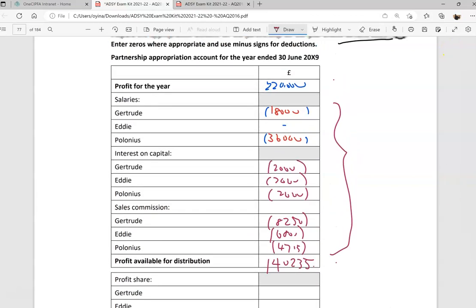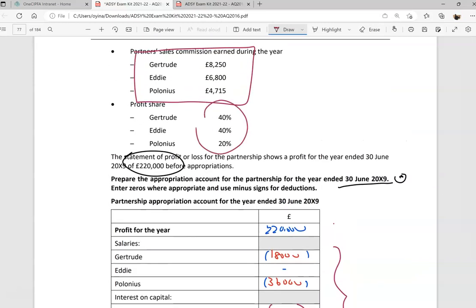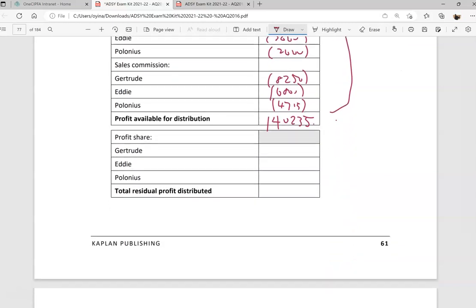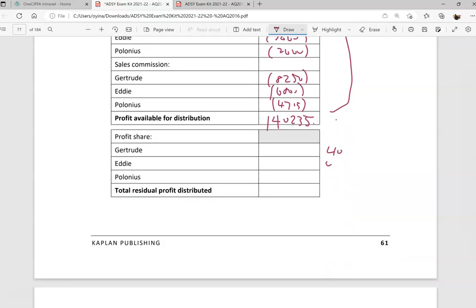Then it says that we split this number in the ratio 40, 40, 20. So literally take 40% of that. Oh, it's worked out somewhat okay. I get 56,094, as these are both 40%.